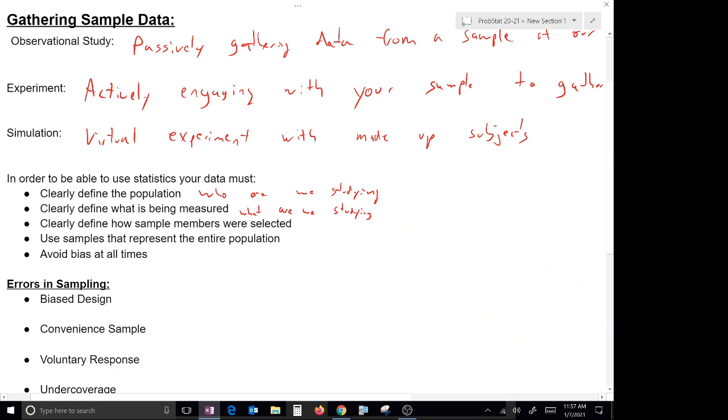Clearly define how the sample members were selected. So if we're taking a survey, how did you select these people in your survey? Use samples that represent the entire population, and we want to avoid bias at all times.